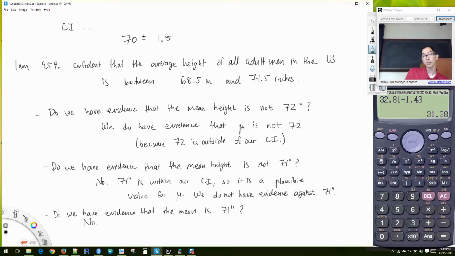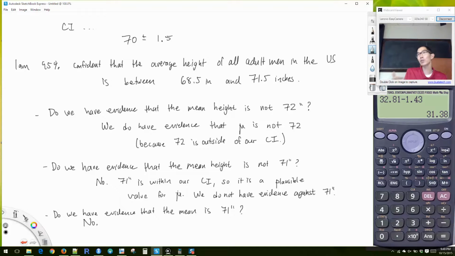Even though 71 is inside our interval, it doesn't prove that it is 71. Our data can never actually be used to say something is a particular value.